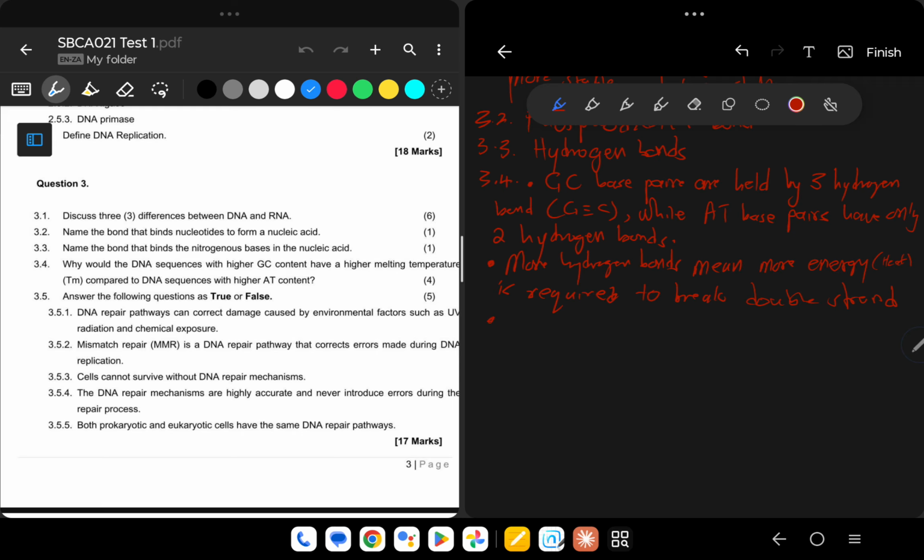So this tells us that a higher guanine cytosine content means more hydrogen bonds in the molecule.